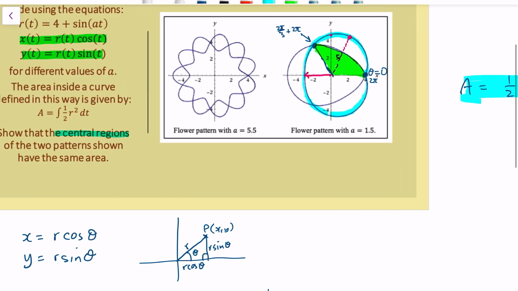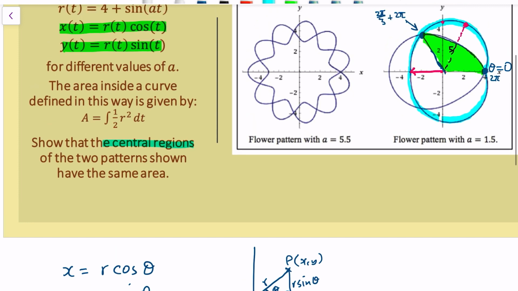Okay, so when you see a formula like this, you're not expected to understand it, you just use it. They're using t in the problem instead of theta, but I've just described what t is in terms of angles, and the only thing that we really need to understand is the limits of integration.